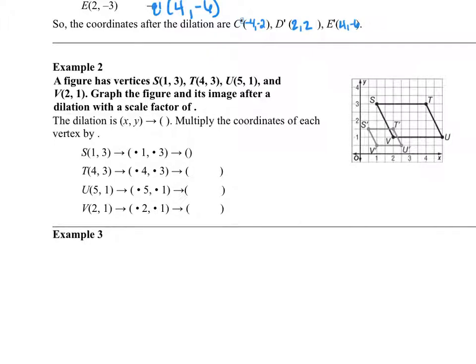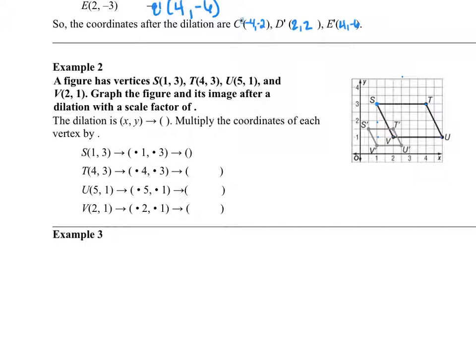Example 2 has vertices S (1, 3), T (4, 3), U (5, 1), and V (2, 1). Is this the next example on y'all's? My paper changes a little bit. Okay.